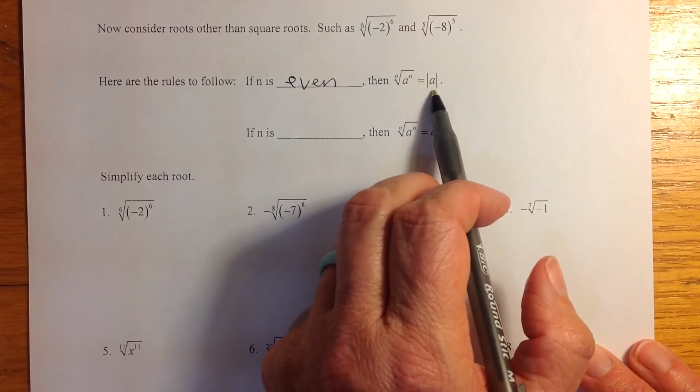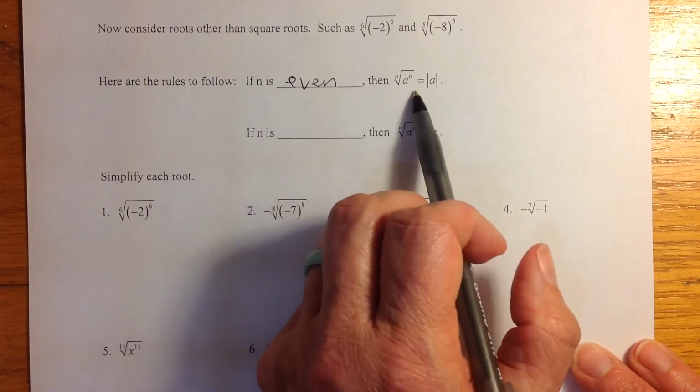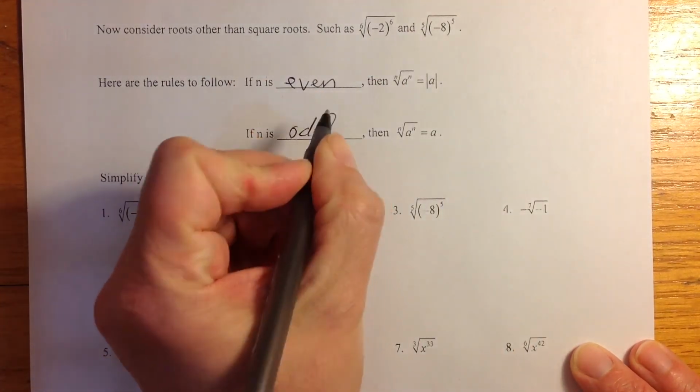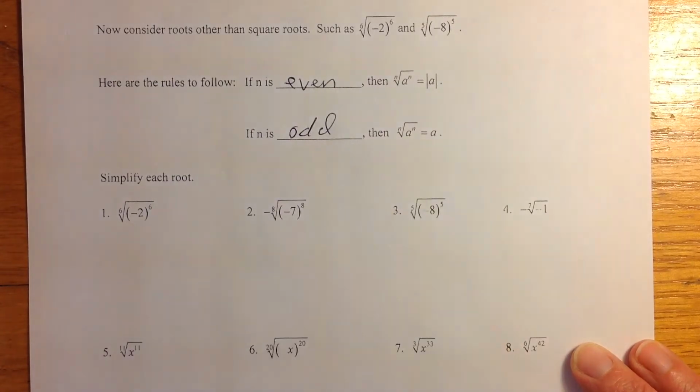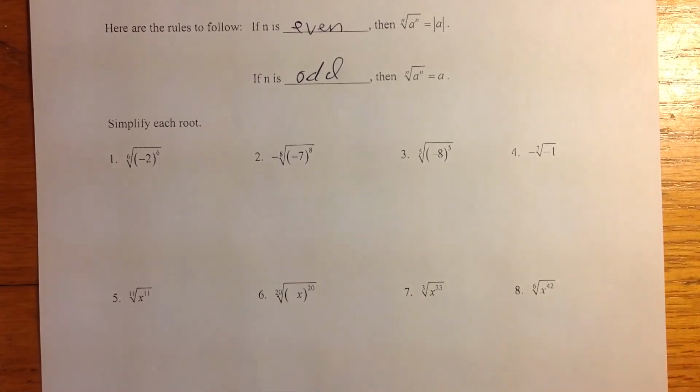It follows along with the square root idea because square root is an even n, so it's still the same. If n is odd, like right here, then we just say our answer is what a is. All right, so let's practice this out. These can get a little tricky, so just stick with your homework and try them out.